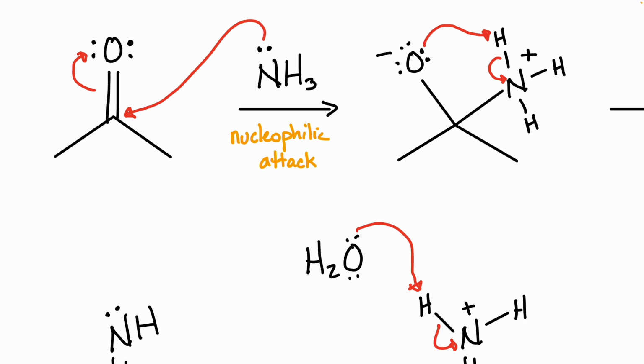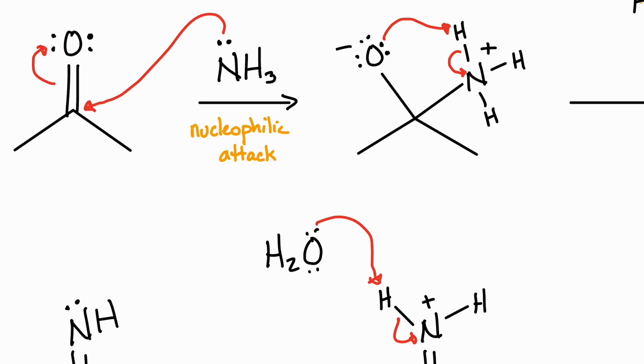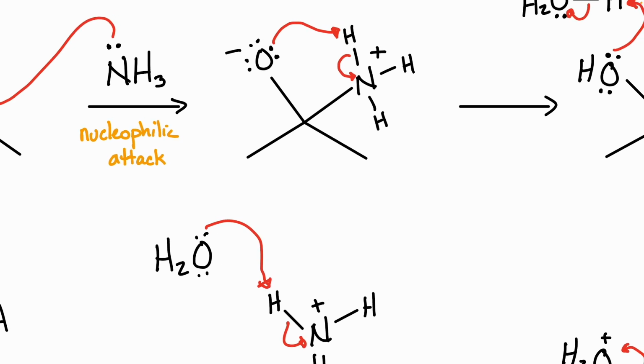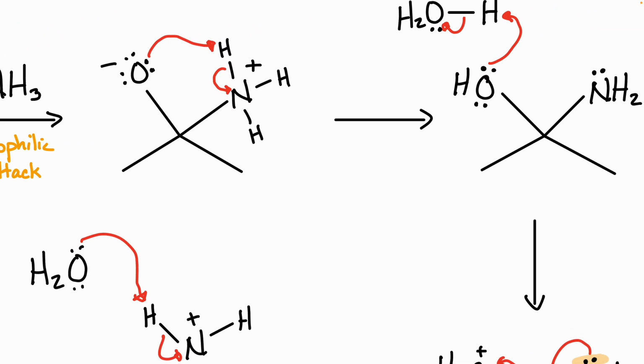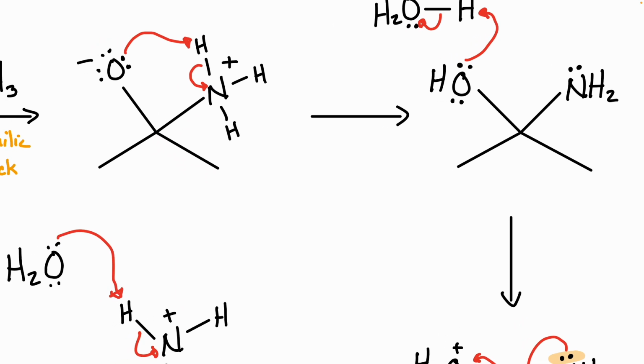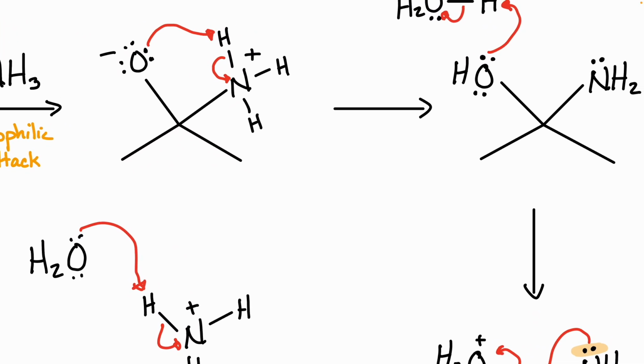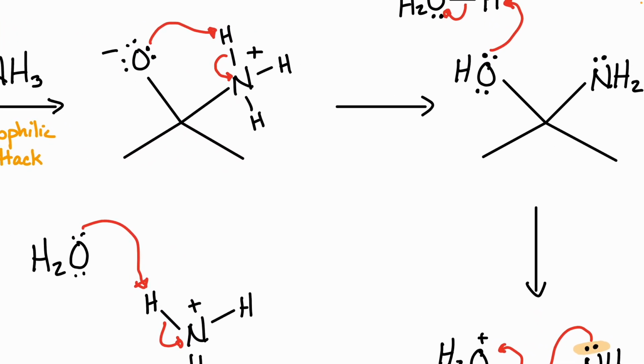All right, nucleophile attacking that electrophilic carbonyl carbon. We get this very weird neutral intermediate here where we have a positive charge on our nitrogen and a negative charge on our oxygen. So then we have to make these right again by doing a proton transfer.